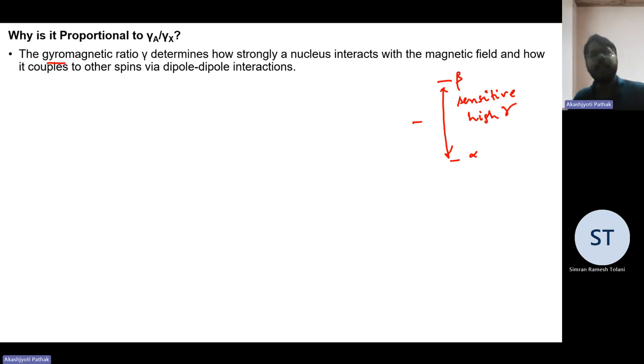So this tells how well it interacts with the magnetic field and also how it couples to other spins via dipole-dipole interactions.